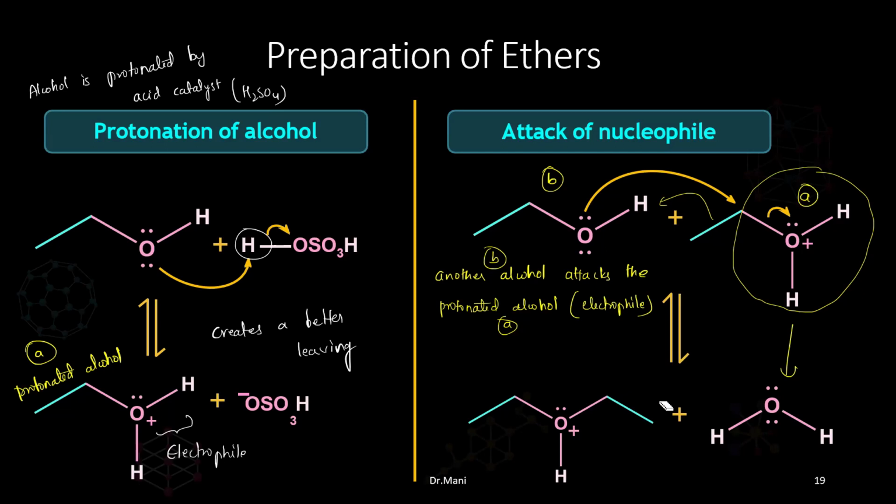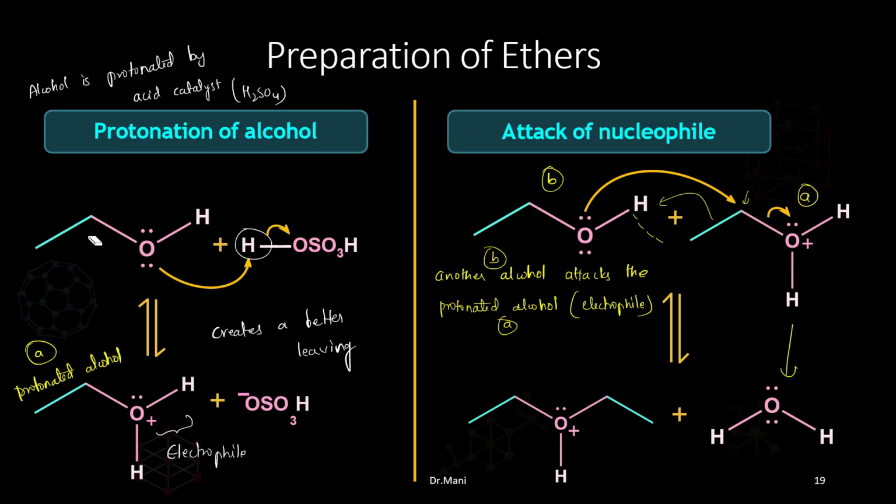Whatever bond was there, that bond will break, and here this blue will make a bond with this pink, and the bond between this pink and the blue will break. So both will happen simultaneously. Leaving and attaching will happen simultaneously. Understood? Any doubt here?